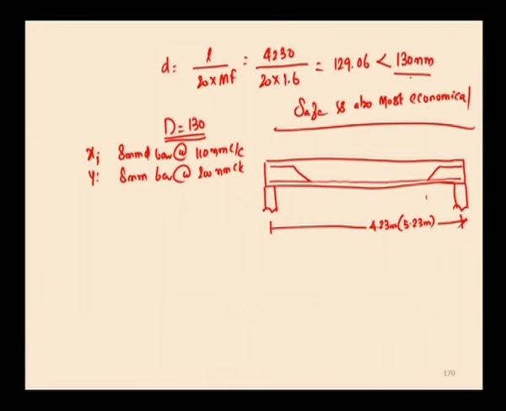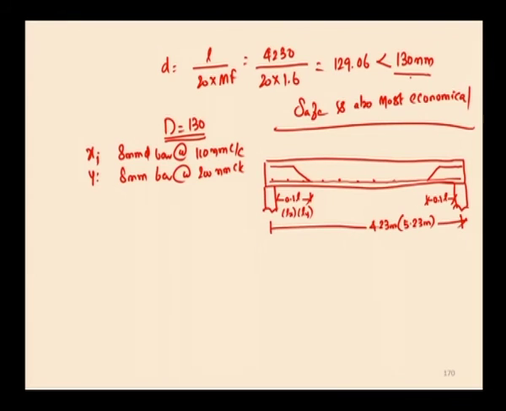Alternate bar has to be cranked near the face of the support, that is 0.1 L from the face of the support. Here it is 0.1 L, that is it may be Lx if it is in the x direction, and if it is y direction it is Ly. And in another direction it is 8 mm at 200 mm center to center.